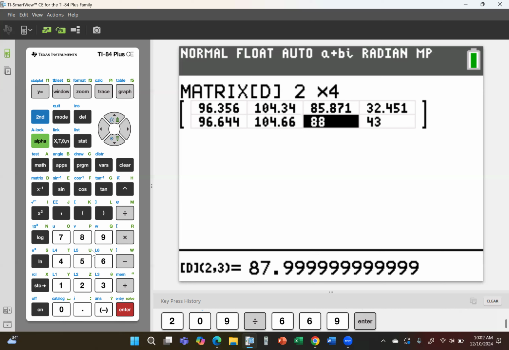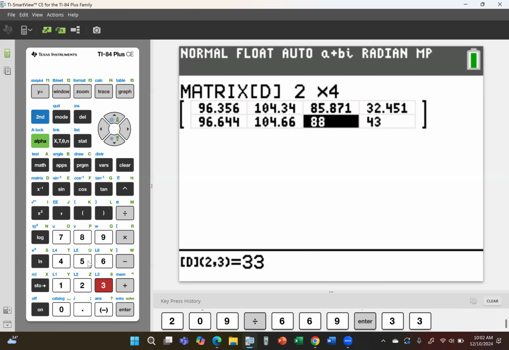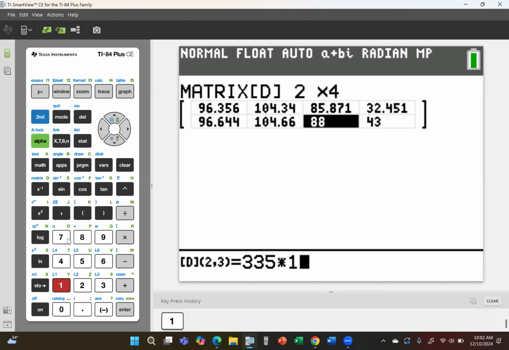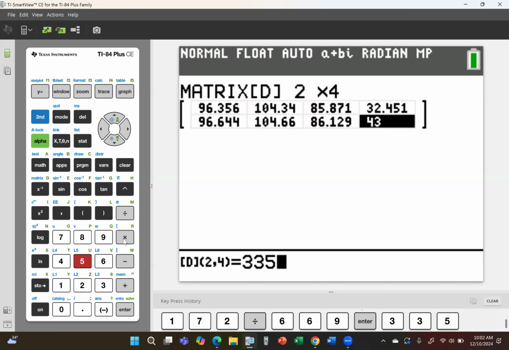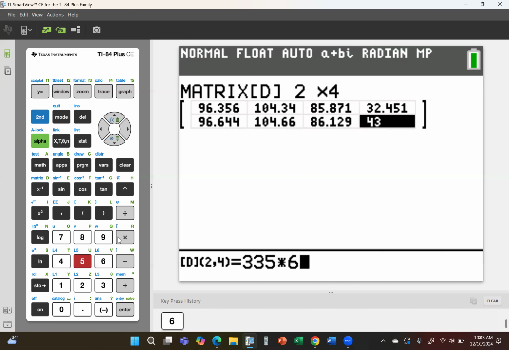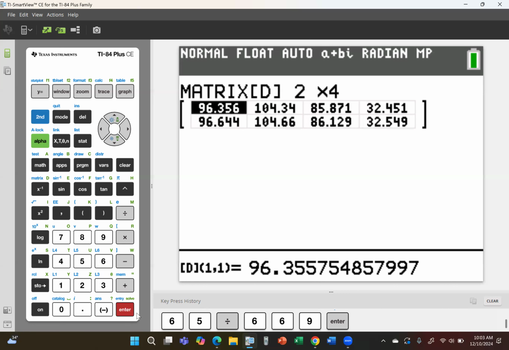So the next one, we have a row total of 335 times a column total of 172 divided by 669. 86.129. And then the last column, I have a row total of 335 times a column total of 65 divided by a total, which was 669. Okay, I'm going to do a quick check. That looks correct to me.